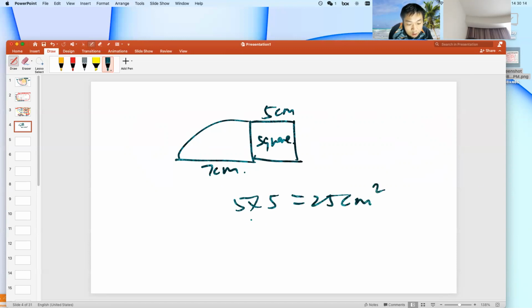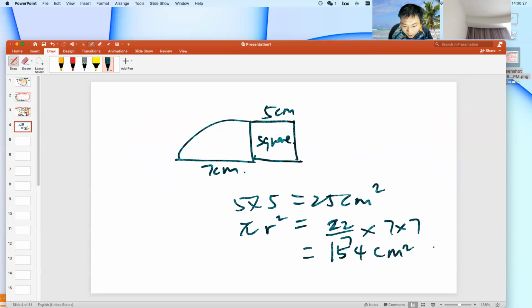Then you always do the pi r square first, right? So 22 over 7, then times r square is 7 times 7. And then you just quickly do 22, so it's 154 cm square. And then you forget to divide, you just write 25 plus 154. And then 25 plus this is what? 179 cm square. And then you tend to say this is the answer.